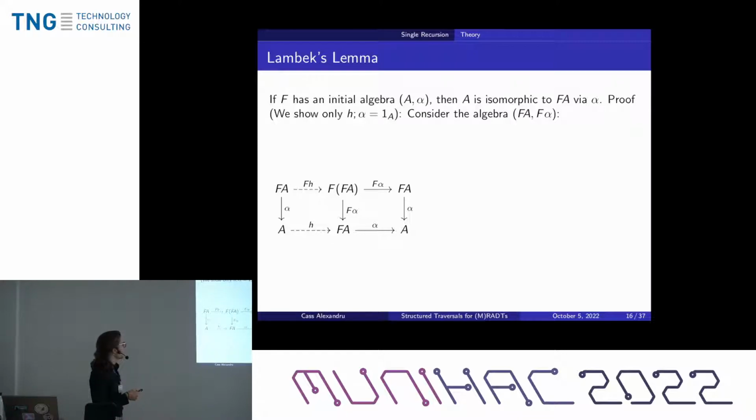And now what I need to show is that this edge is equal to the identity. The way to do that is to notice that we know an algebra that goes from F of A to A, which is just the identity morphism.